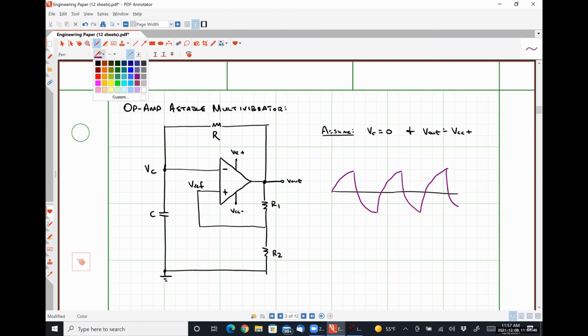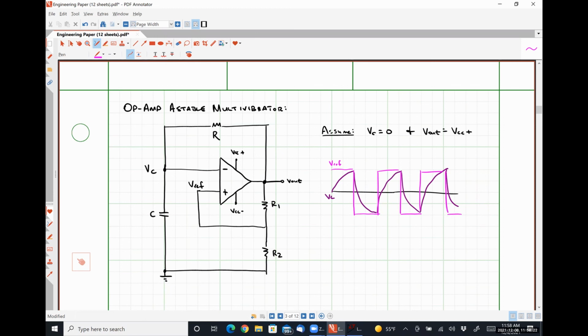And at the same time, our reference voltage is, so this will be Vref, this will be VC. So when the capacitor voltage meets the reference voltage, the output swaps. The capacitor starts to discharge, swaps again, starts to charge, swaps again, starts a discharge, et cetera.